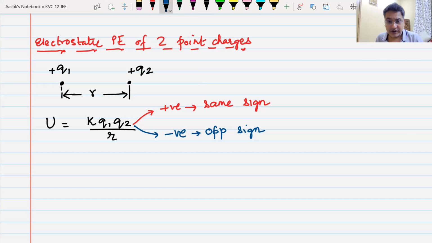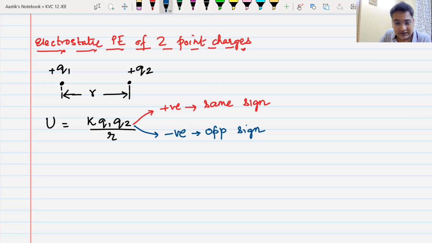So basically, if you have more than 2-point charges, you are going to find out the potential energy of one pair, find out the potential energy of another pair, third pair, fourth pair, and so on, and you are going to simply add them. That is how you find out the potential energy of more than 2-point charges.